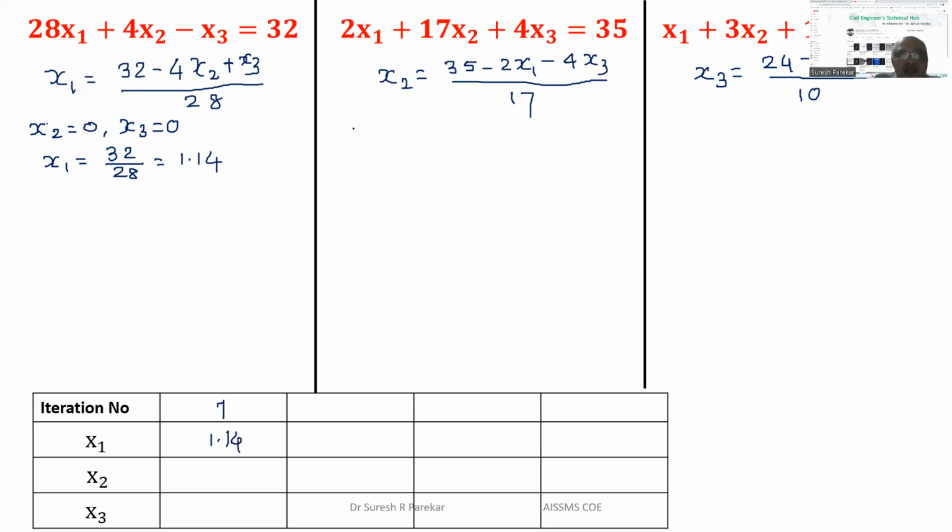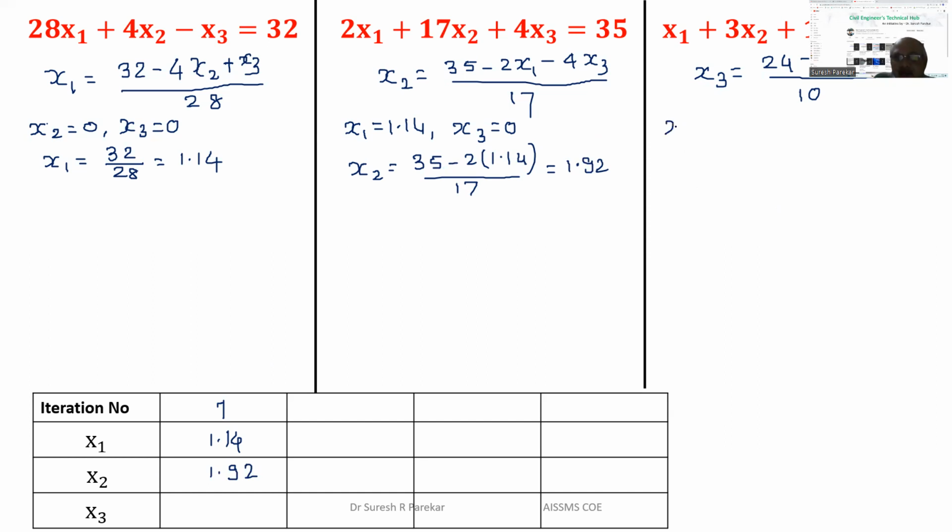Now for x2, we take the value of x1 as 1.14 and the value of x3 as 0. So x2 is equal to (35 minus 2 into 1.14) upon 17, and I got this value equal to 1.92.